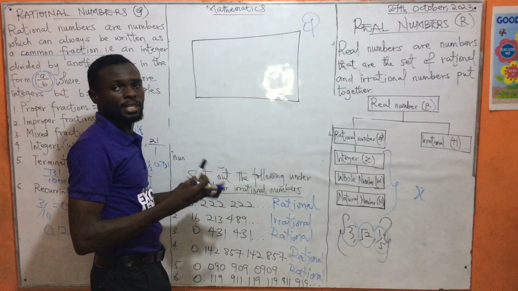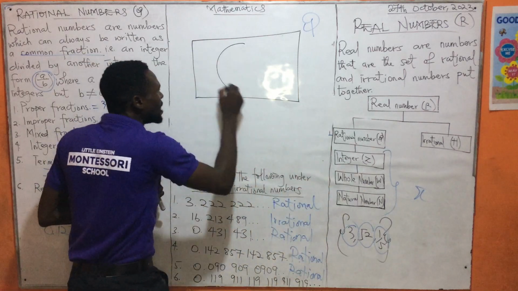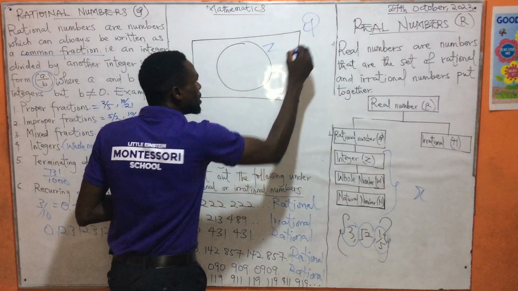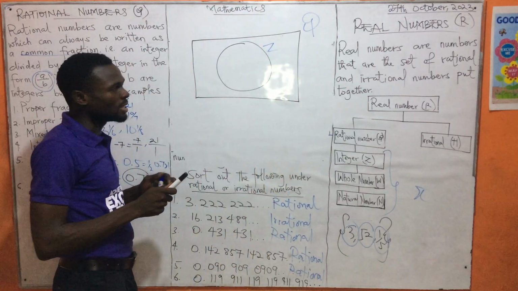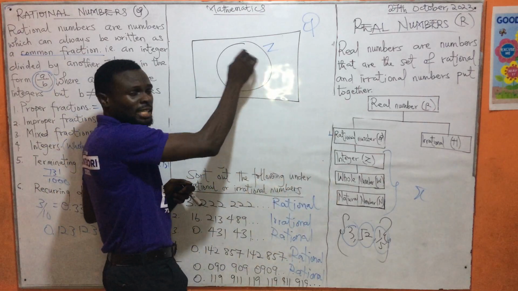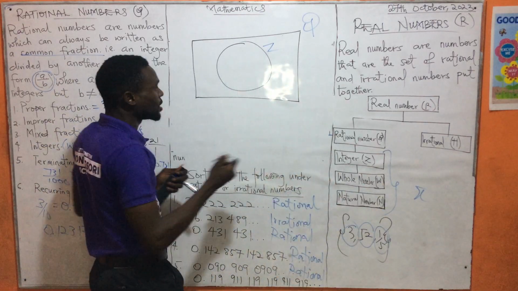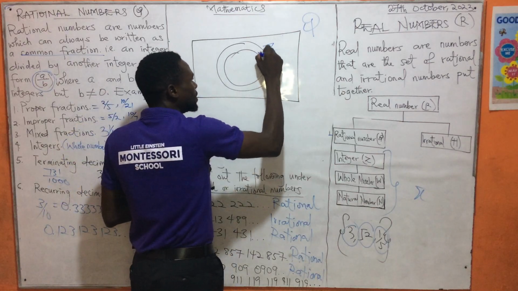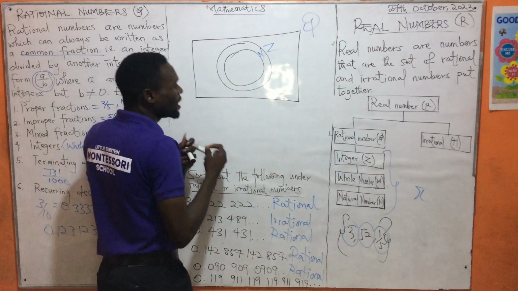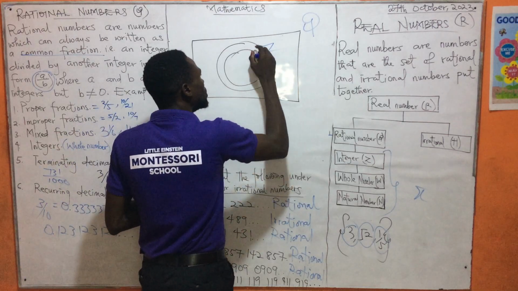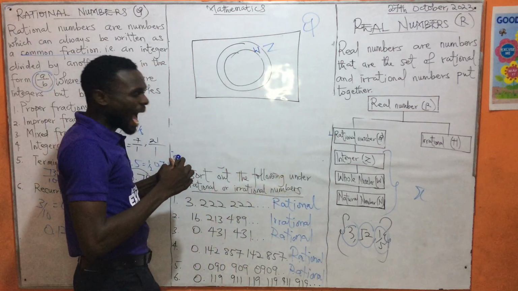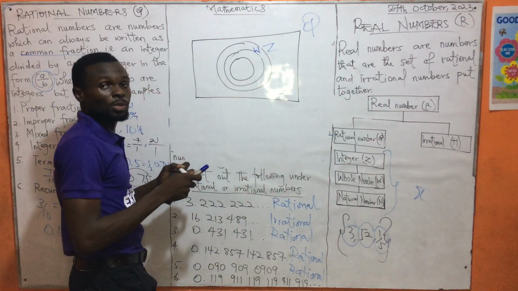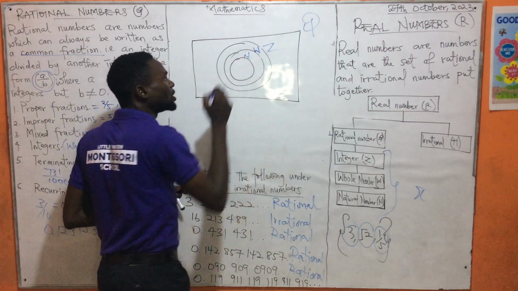In the rational numbers, we can get integers, denoted by Z. Then in the integers, we can get whole numbers, denoted by W. Then in the whole numbers, I can get natural numbers, and natural numbers start from 1 to infinity, denoted by N.